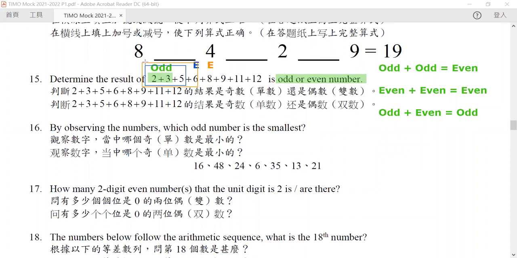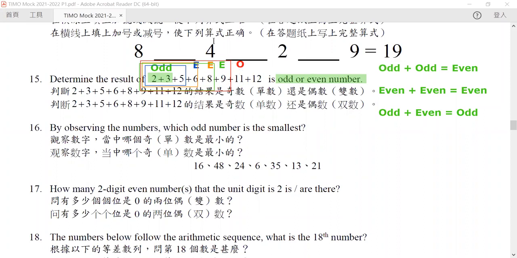If we continue to add another even number, so 2 plus 3 plus 5 plus 6 plus 8, it is still even. Once we add our odd number 9, this would be odd, because it is even plus an odd number.